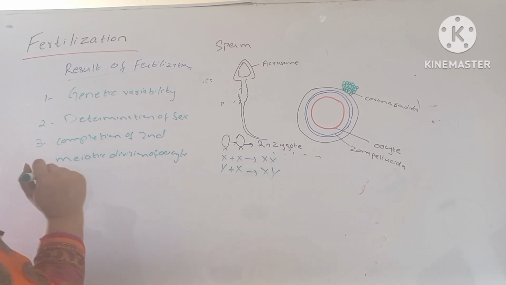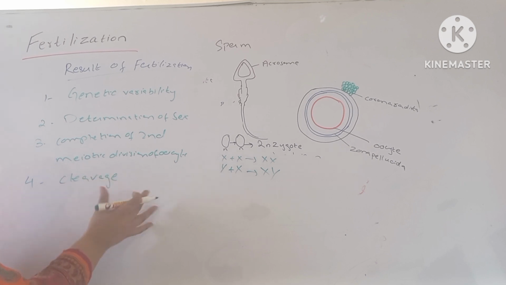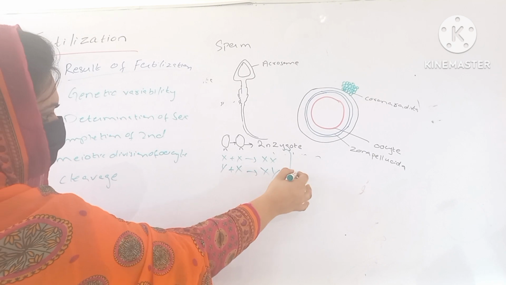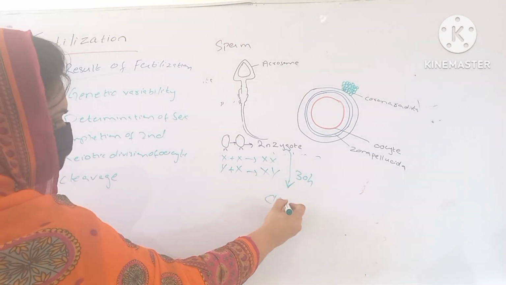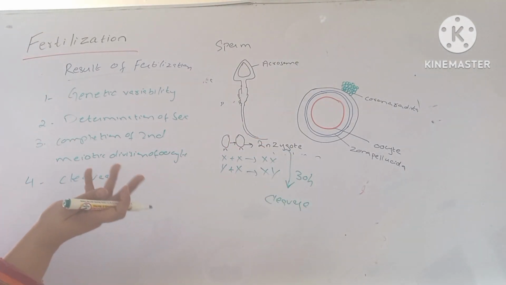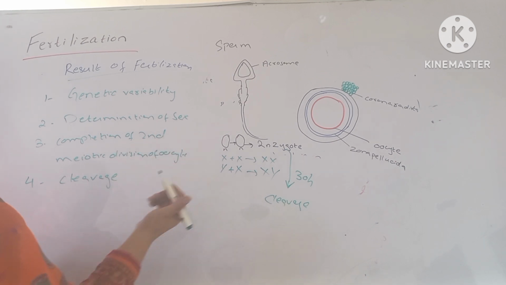What is the next result of fertilization? This is the start of the cleavage. The zygote will continue to divide after 30 hours, forming different phases of the zygote, and this process of mitotic division is known as cleavage.